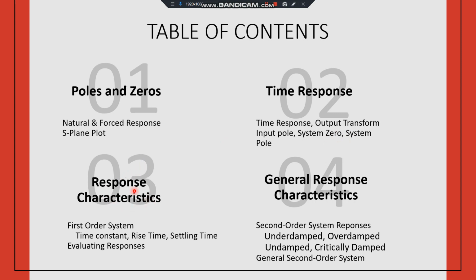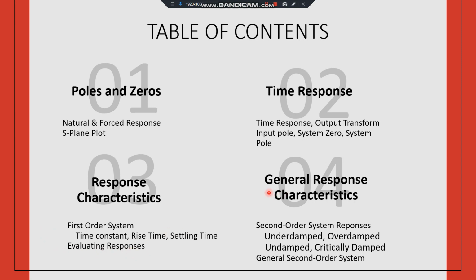Our third topic is response characteristics. So we're going to discuss the first order system, and these characteristics are the time constant, rise time, and settling time. And we're going to evaluate responses as well.